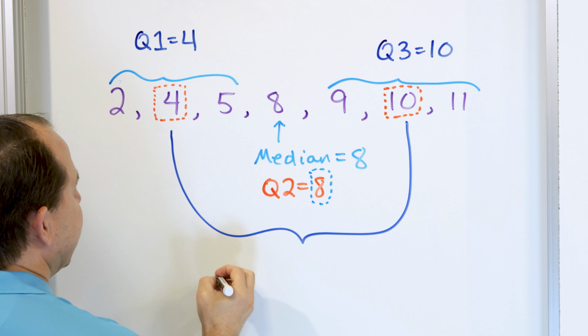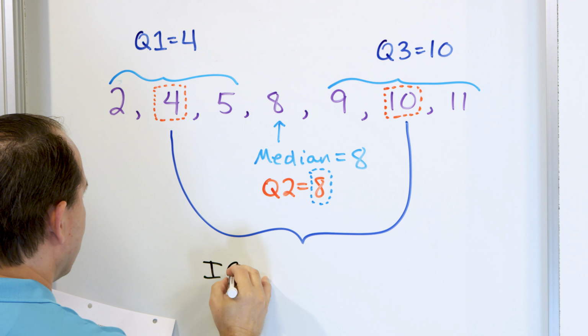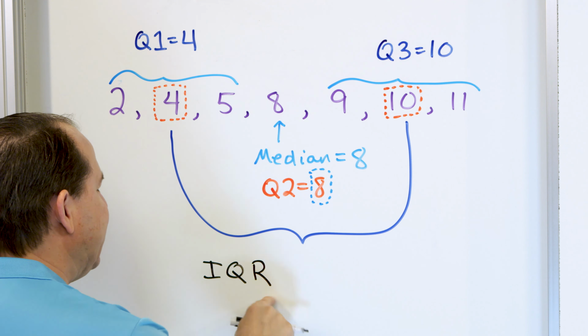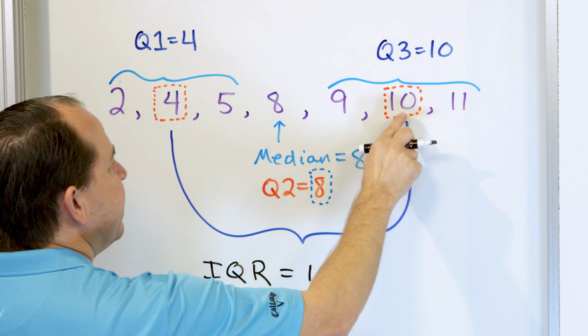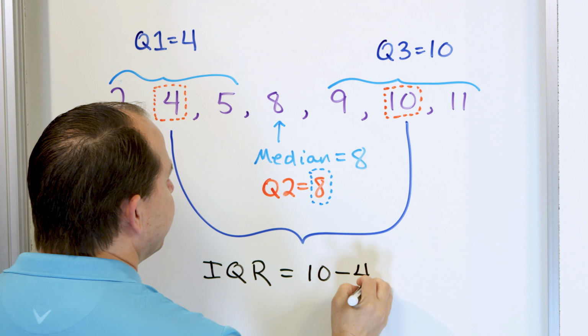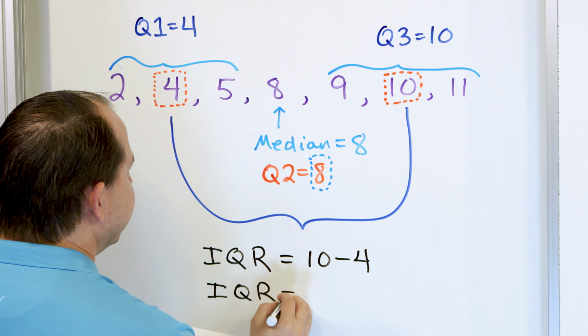We call it the interquartile range, which I'm going to abbreviate IQR, that's what you see quite a bit. It is equal to the number 10, this is Q3, minus Q1, minus 4. And 10 minus 4 is 6. So the interquartile range is equal to 6.